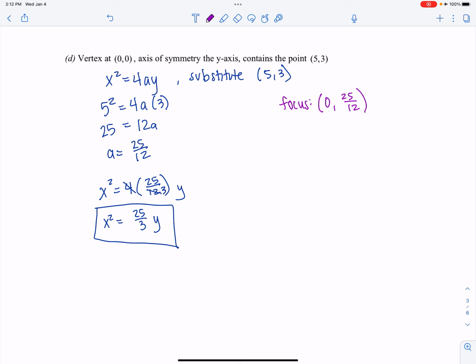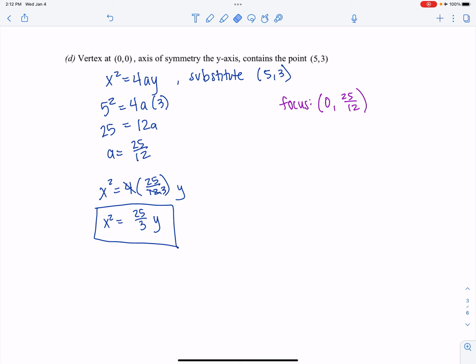If you need to refresh, go back to all of the breakdowns. There are a couple very helpful tables in this section that break down the focus, the directrix, and the vertex, and all of the really important points on the parabola in terms of the a's that we're looking for.